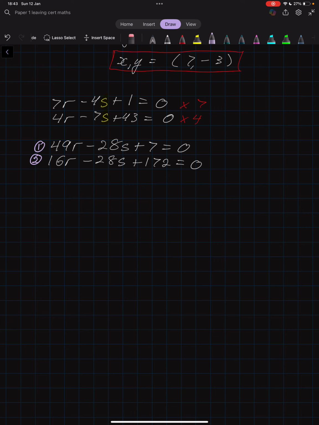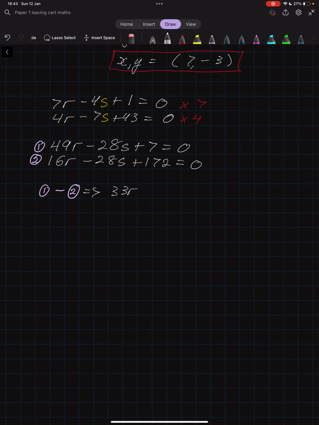So 49r minus 16r, this is going to be 33r, minus 28s plus 28s, so 0. 7 minus 172 is minus 165. And this equals 0.